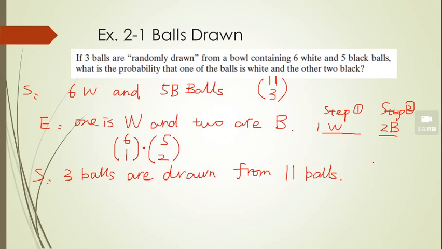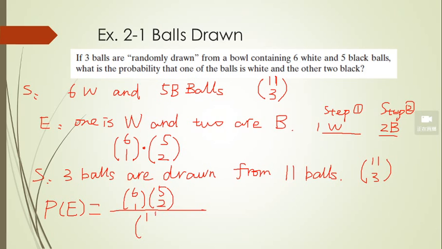So how many different combinations we have? 11 choose 3. So what is the probability of event E? That will be the different outcomes in event E over the different outcomes in the sample space, right? And by the way, how can we work out the final answers?